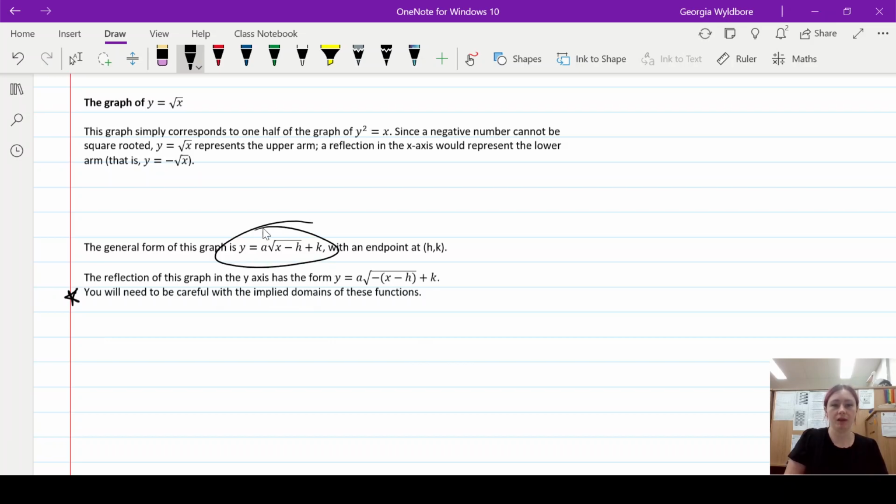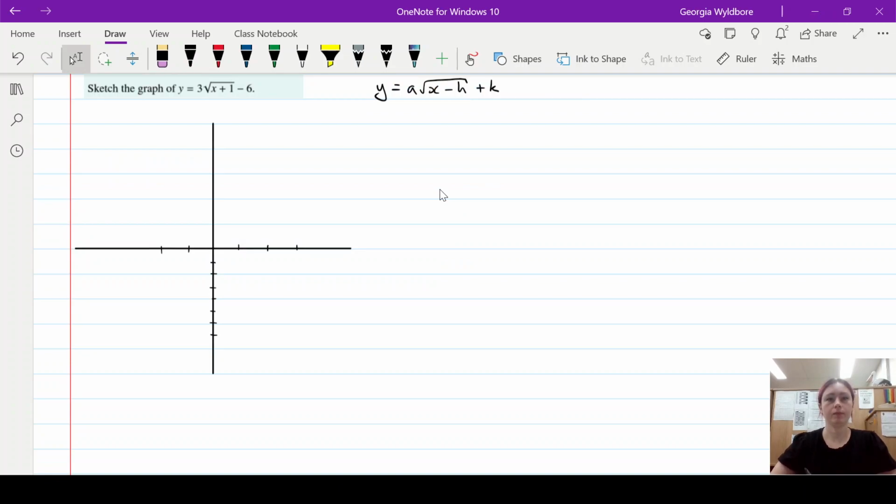The general form here is going to be y equals a times the square root of x minus h plus k, and our endpoint or vertex, or what would be a vertex if it was a parabola, is at (h, k). Here we're being asked to sketch the graph of y equals 3 times the root of x plus 1 minus 6.